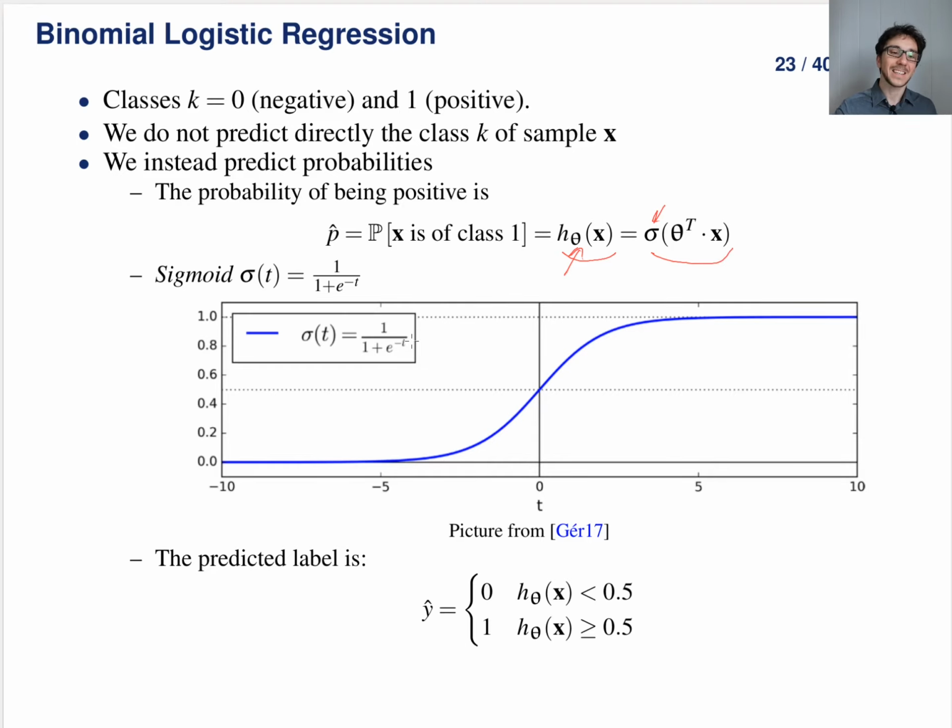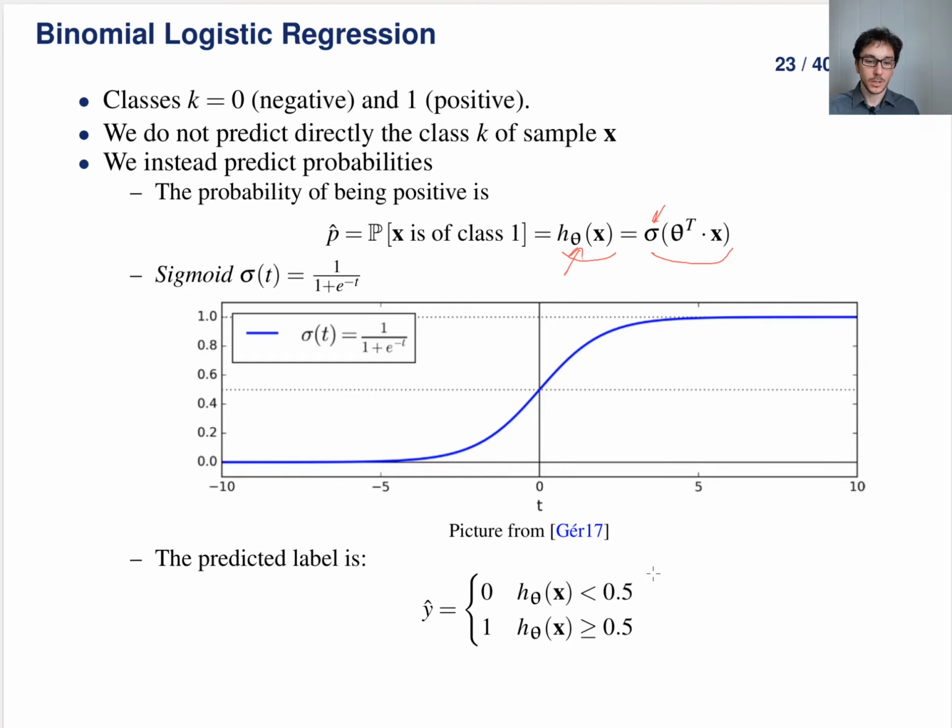Here the sigma is the function called sigmoid, which has this shape here. So observe that the sigmoid goes from 0 to 1 and goes close to 1 for positive values and close to 0 for negative values. So this function is perfect to use with logistic regression because it gives a number from 0 to 1, which is perfect to express probabilities.